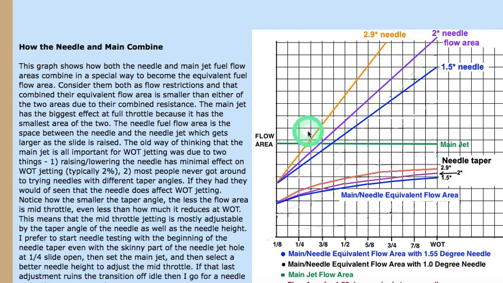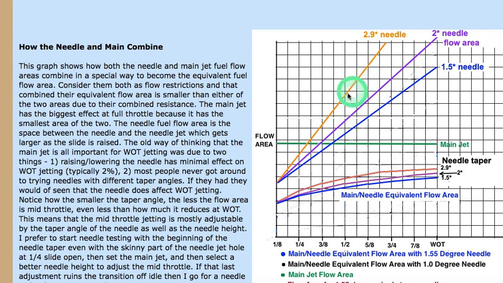This is the increased area of a 2.9 degree needle. This is the same of a 2 degree needle, and this is the same of a 1.5 degree needle. The steeper the taper on the needle, the faster the change.